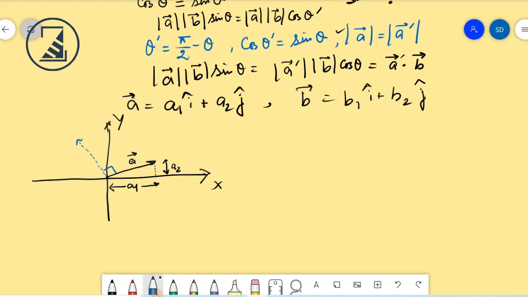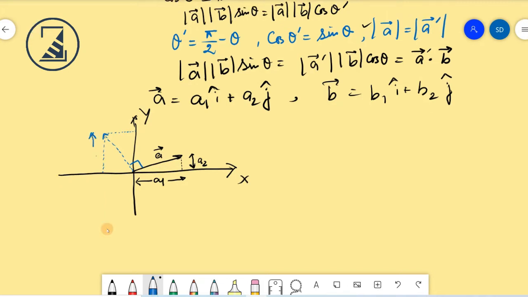Now if we look closely, this distance is a1 and this distance is a2. So we can write a prime vector as minus a2 i cap, because I have to go towards the negative x-axis to cover a2 distance this time, plus a1 j cap.